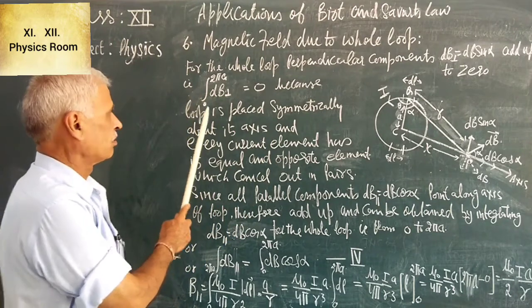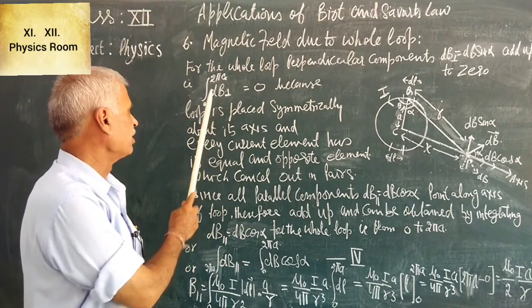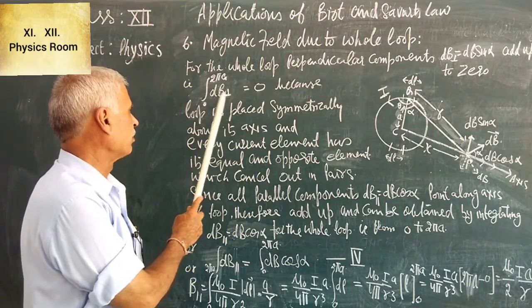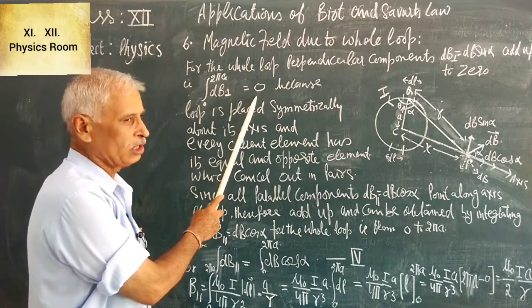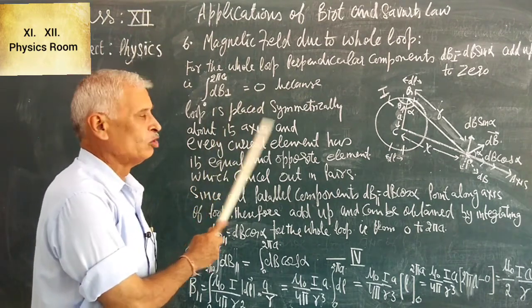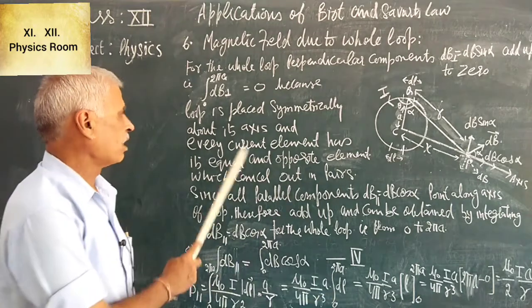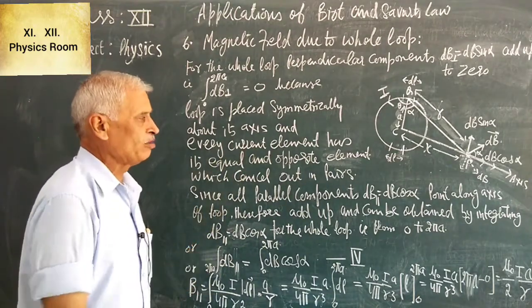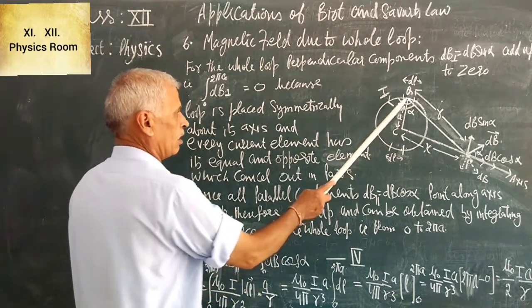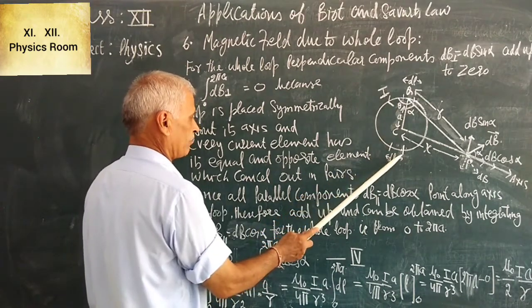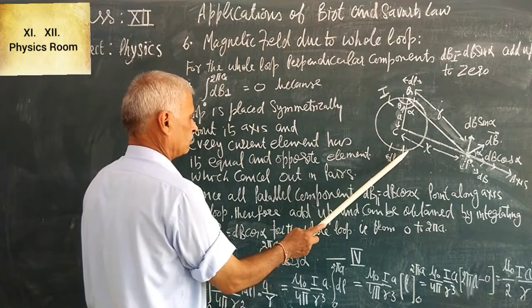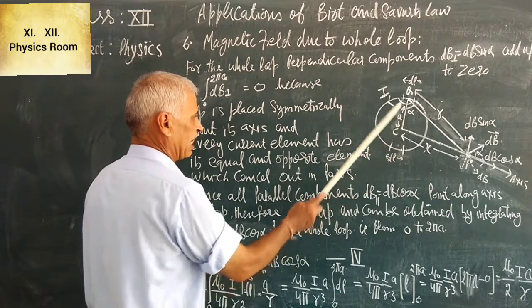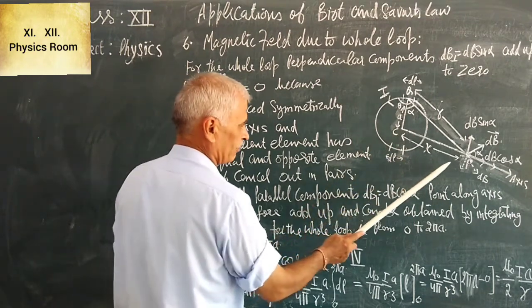That is, integration of dB perpendicular from 0 to 2 pi a is equal to 0, because the loop is placed symmetrically about its axis and every current element has its equal and opposite element, which cancel out in pairs.